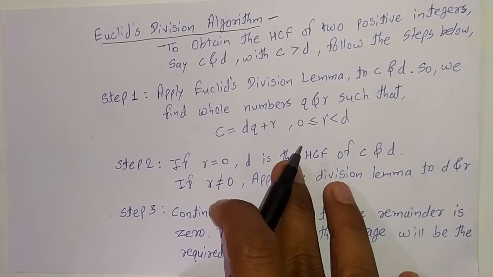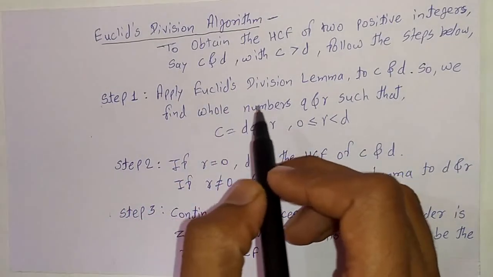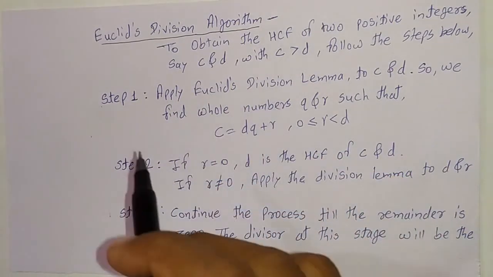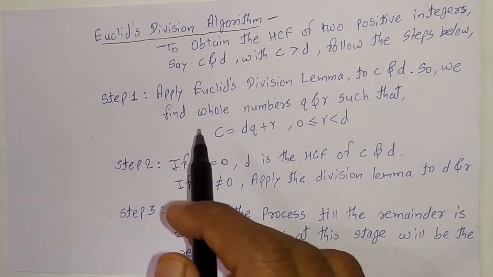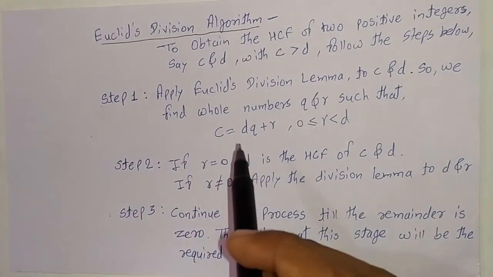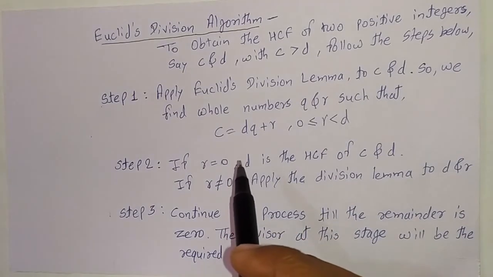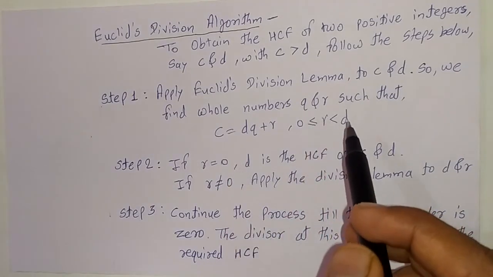The first step of Euclid's division algorithm is to apply Euclid's division lemma to the given two numbers.